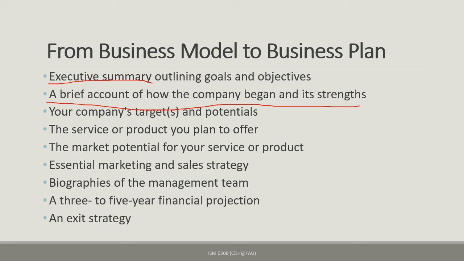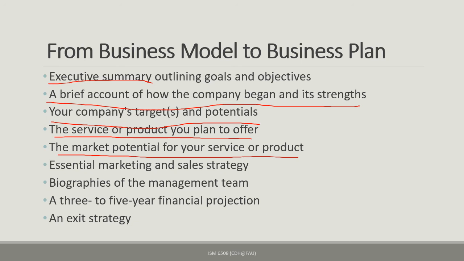And then you want to turn your business model into solid writing in a business plan. You want to talk about the customer side of it, your company's target and potential, the market size and so on. Then you want to describe the service and product and why it's better than others. And then you want to describe the market potential.